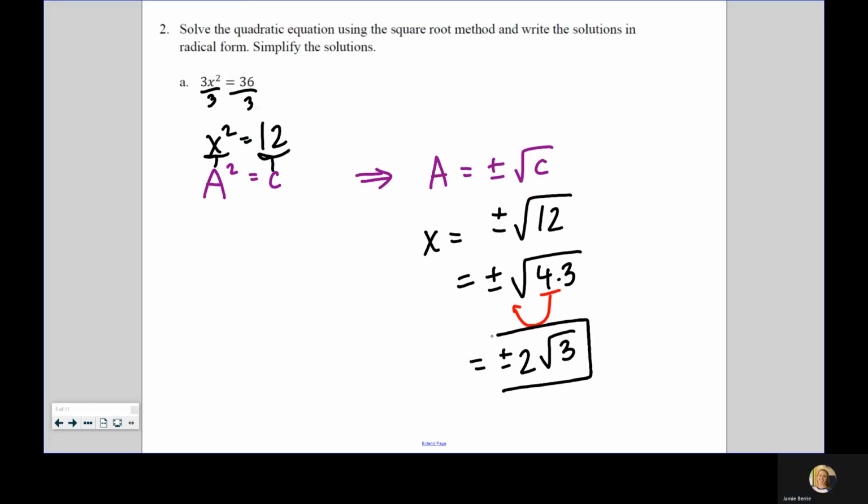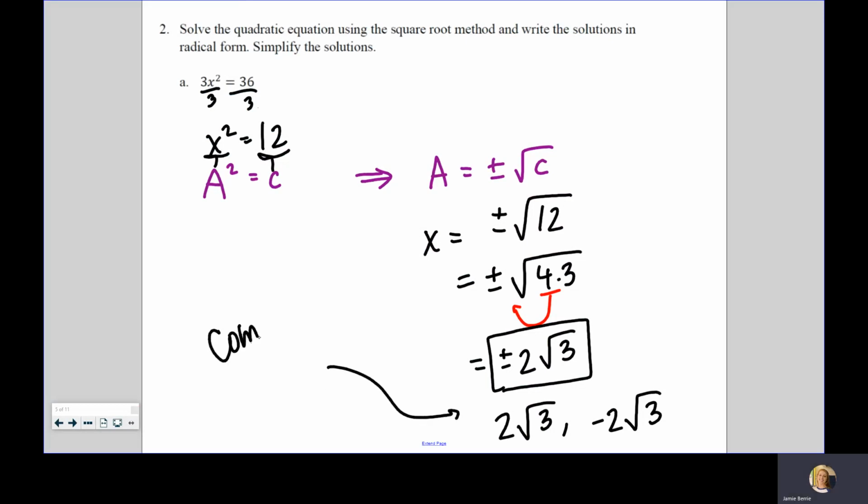That's it. Again, if you're having to write your answers as a list, which you will see on some of these problems on the homework, you would write like 2 times the square root of 3, comma, negative 2 times the square root of 3. So that's written as a comma separated list.